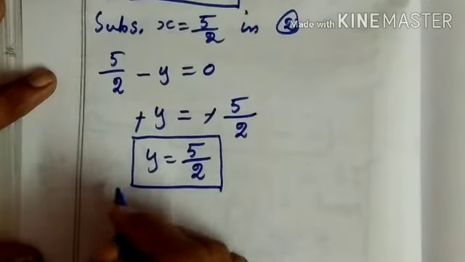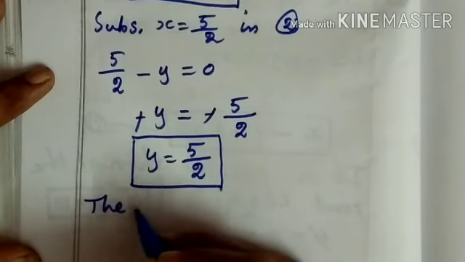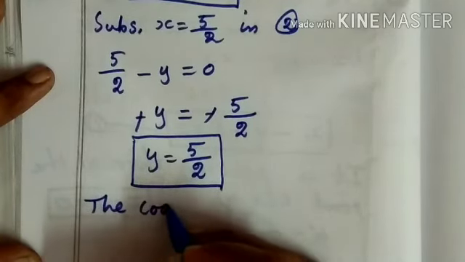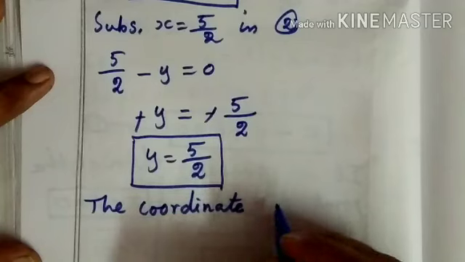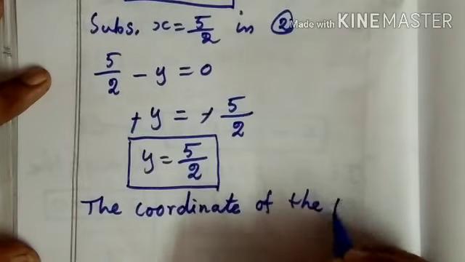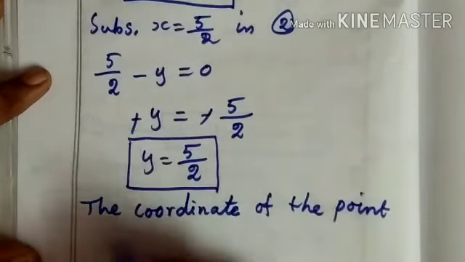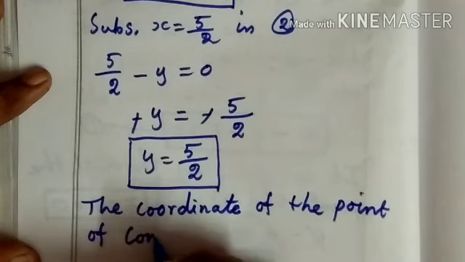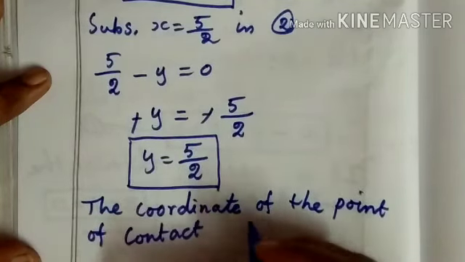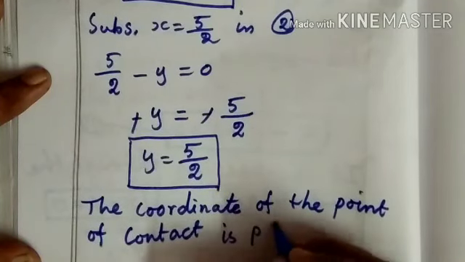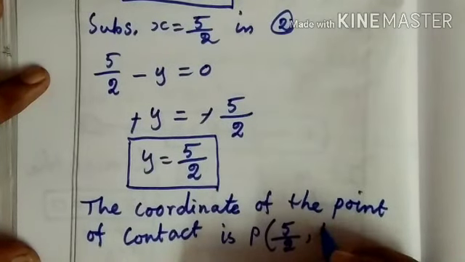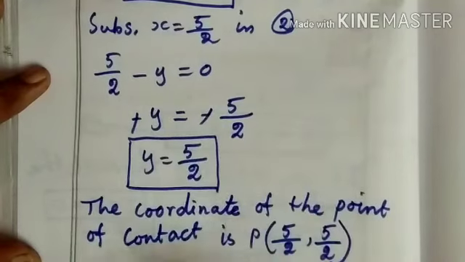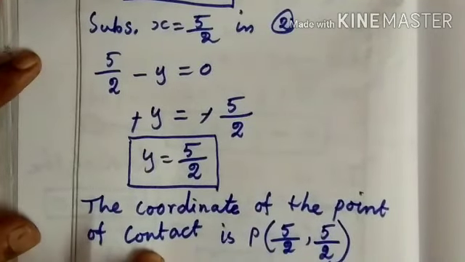Therefore, the coordinates of the point of contact is P, 5 by 2 comma 5 by 2. This is the answer for the third subdivision.